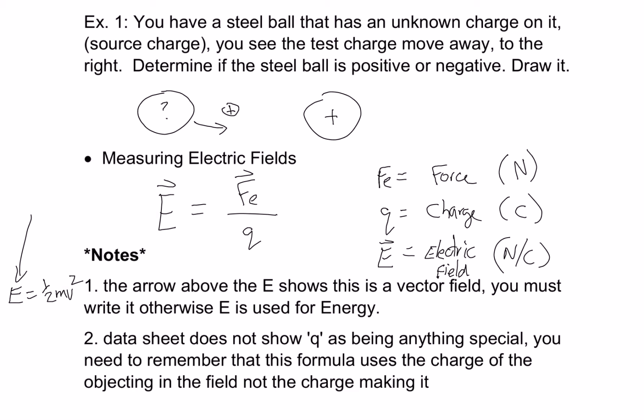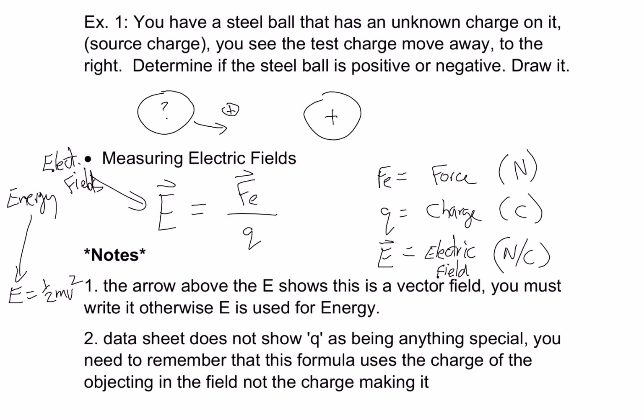So in those cases, when we have E, we're talking about energy. And for one like this with the vector arrow, we're talking about electric fields. It's a little bit confusing because there are two E's in the two formulas, but you've got to make sure you know the difference between the two. So energy will never have the vector arrow. Electric fields will always have the arrow.